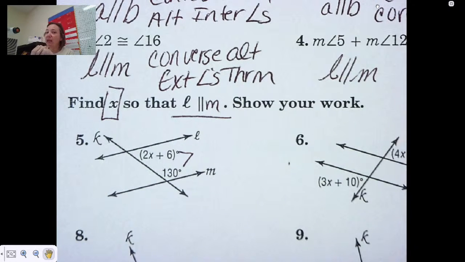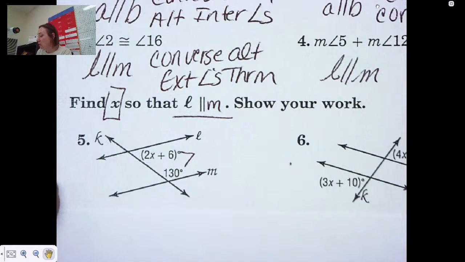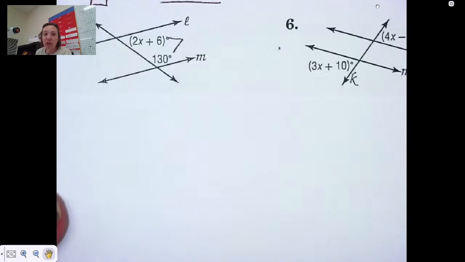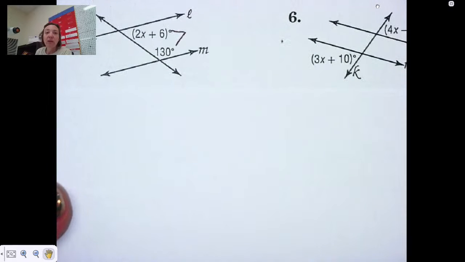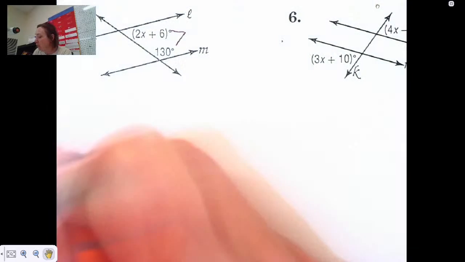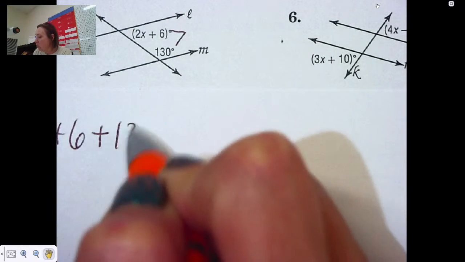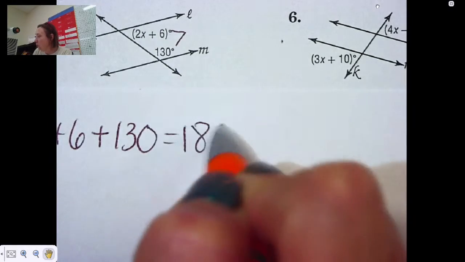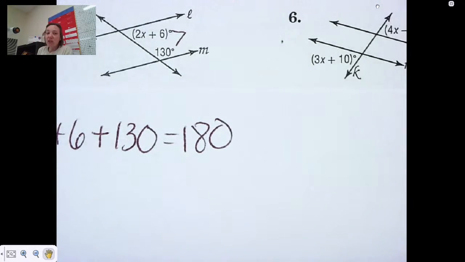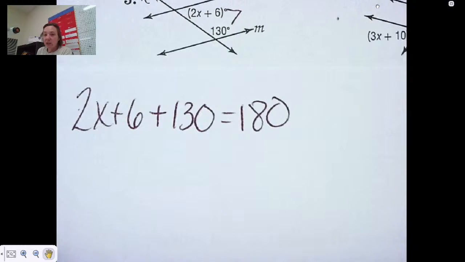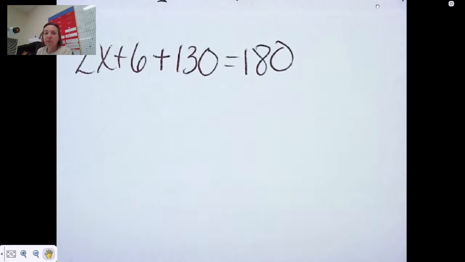And then we're going to write an equation based on that relationship. So what would the relationship be between these two angles right here? Same side interior. And what do we know about same side interior angles? They're supplementary. So our equation would be 2x plus 6 plus 130 equals 180. And then we just solve it, right? So what would we do to solve that?